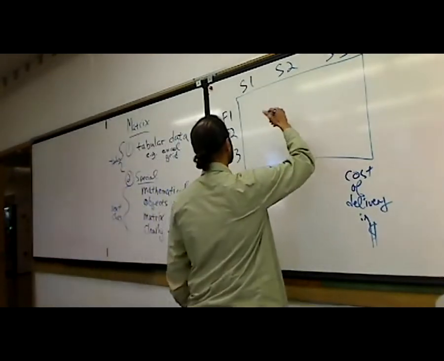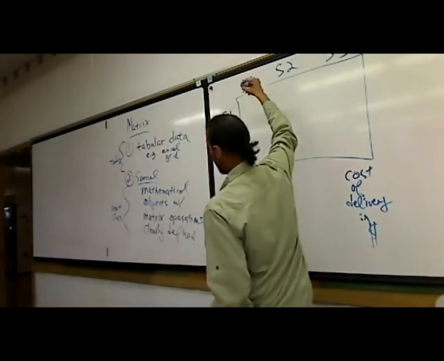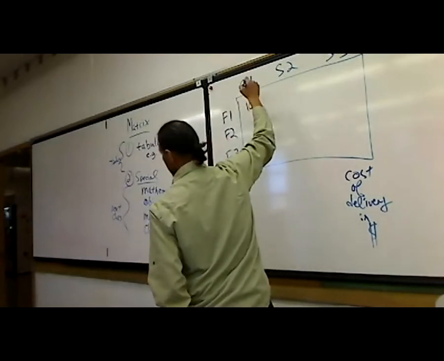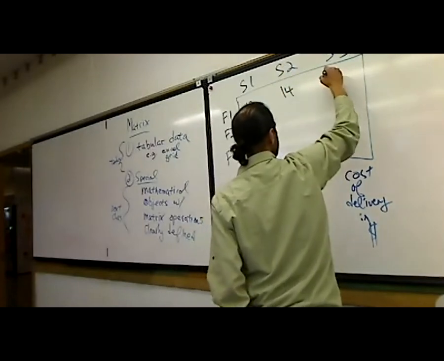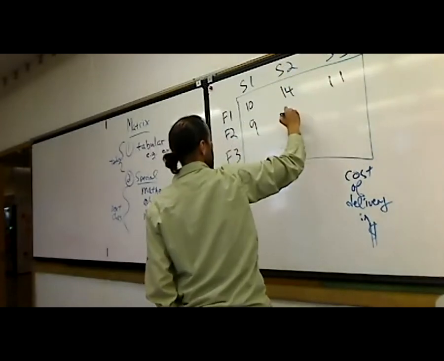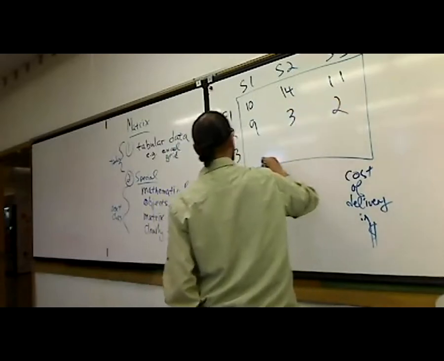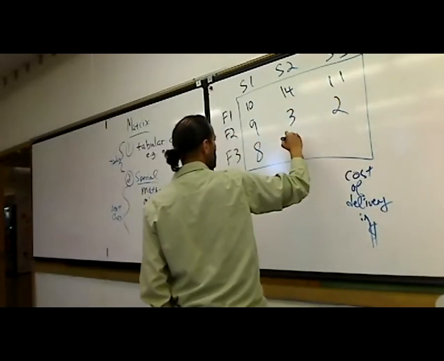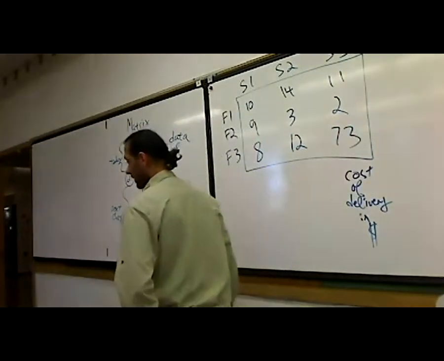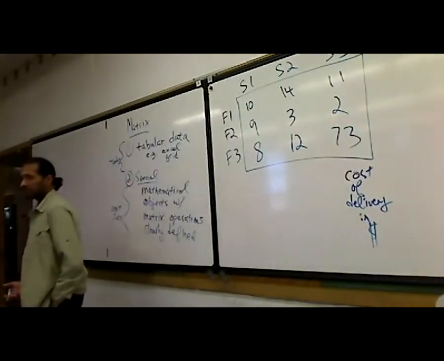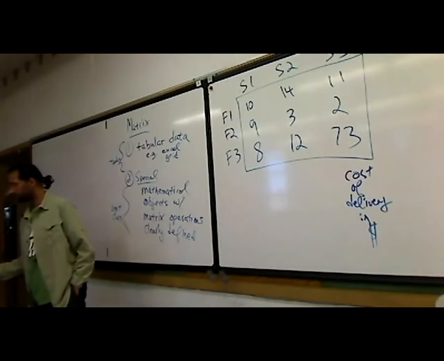So let's just come up with some numbers. Let's say from factory 1 to store 1, it costs $10 to ship an item. From factory 1 to store 2, it costs $14. I'm just going to put some random numbers in here. The numbers are not really important. We can store this in what's called a matrix.